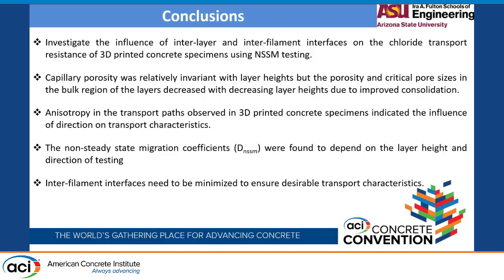The final recommendations from this study were to use larger layer widths because the interfilament interfaces need to be minimized to ensure desirable transport characteristics, and smaller layer height so that you can have a balance between the mechanical properties as well as the durability properties.